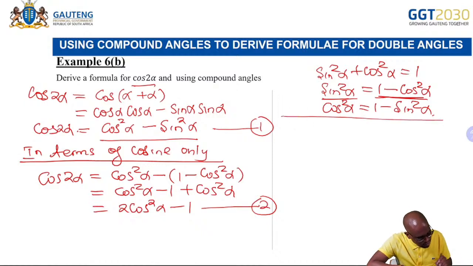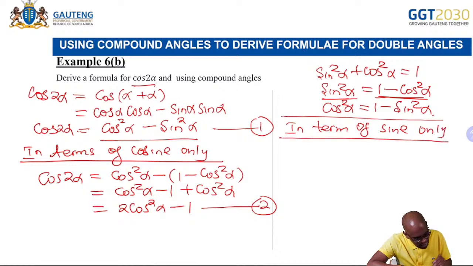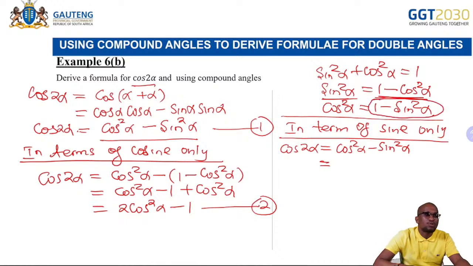Now let's look at this one. We can also express it in terms of sine only. What does it mean? It means from equation 1, cos 2 alpha, which is cos squared alpha minus sine squared alpha, we are going to replace cos squared alpha with what? 1 minus sine squared alpha.